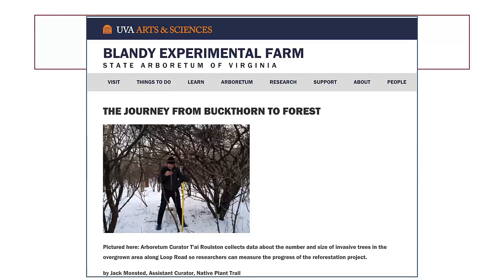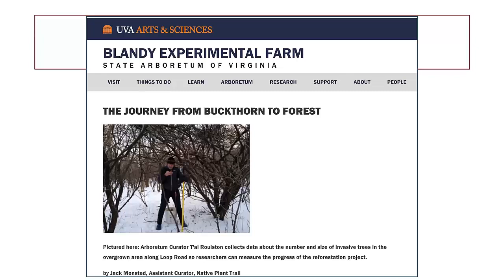We were talking in the definition about the economic impact of invasive plants, and in the Blandy case, in the study that they undertook, they decided that they would remove the buckthorn. Initially, they started with 2 acres of invasive buckthorn. They had to buy a special machine called a forest shredder to take the buckthorn out.